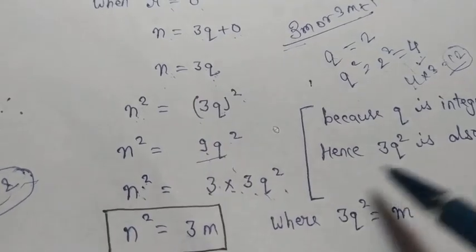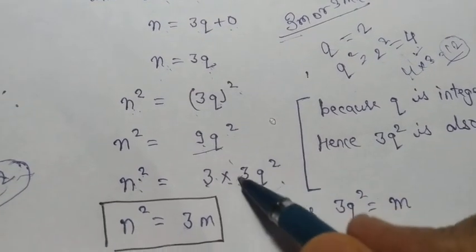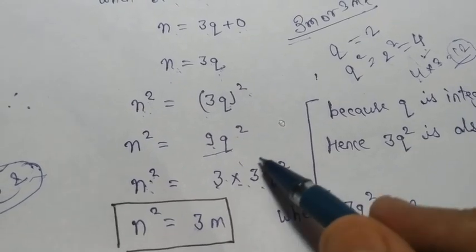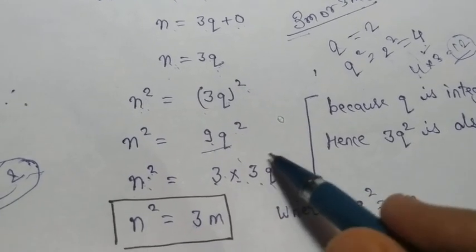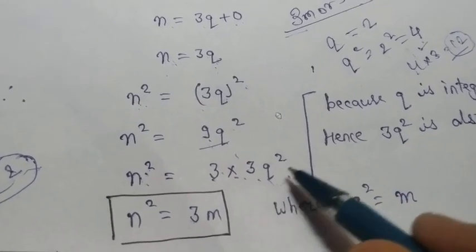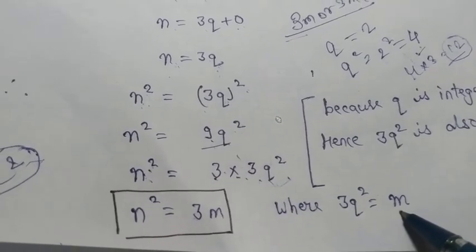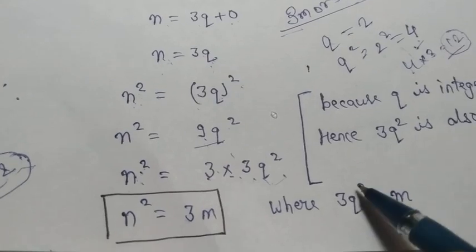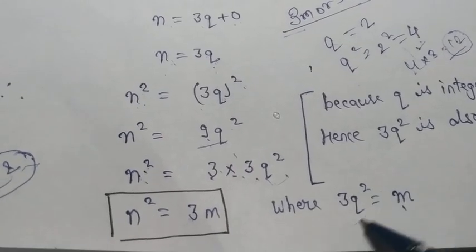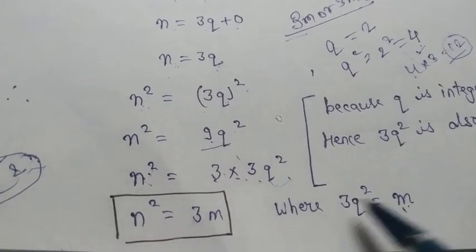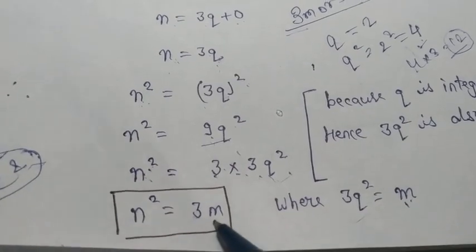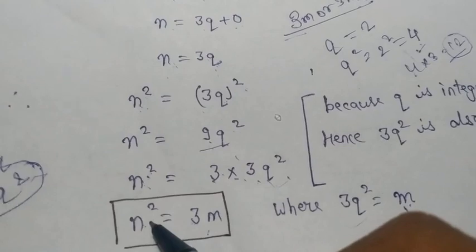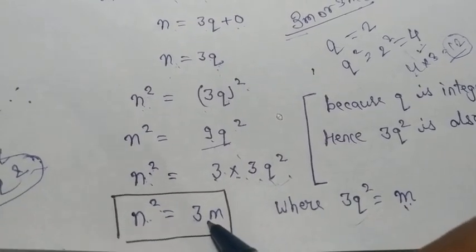So this whole quantity will be an integer, and this whole quantity can be named m, because in the question 3m was written, where m was an integer. So that's why I have written: let 3q square be equal to m. So n square can be represented like 3m.